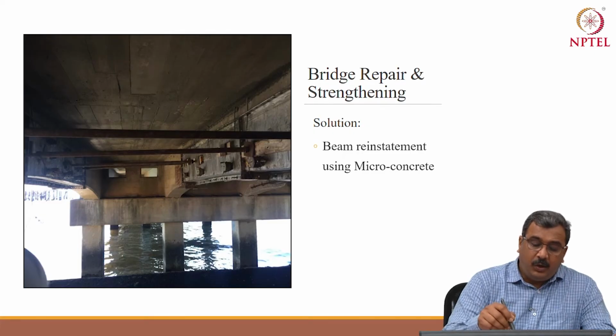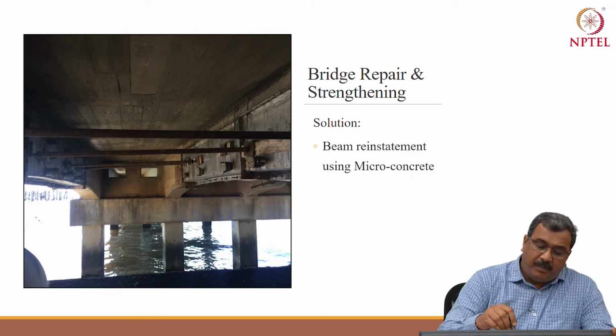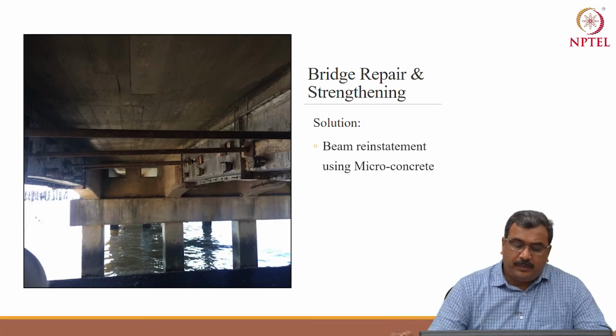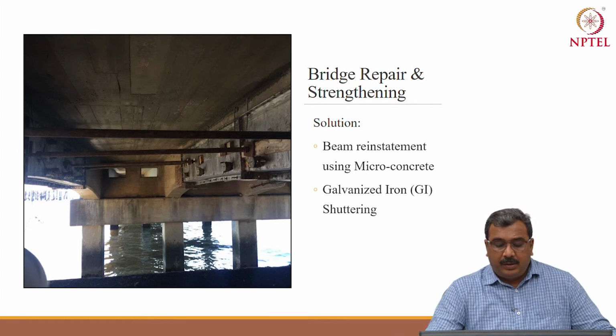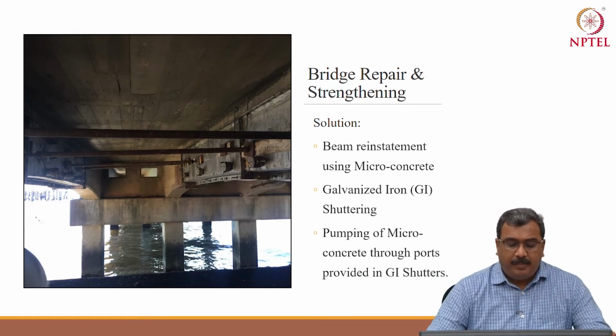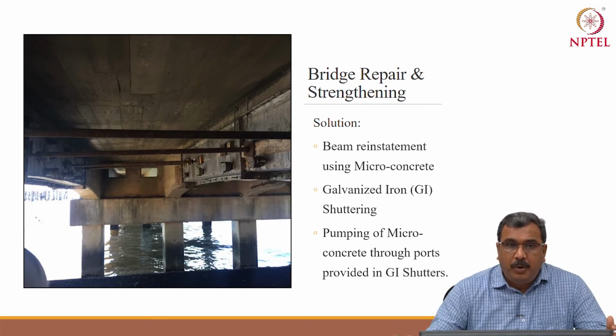That way you don't need a bottom support in the water. There were ports at the bottom to pump the microconcrete. And this microconcrete has been pumped by keeping the pump on the shore or on the boat.